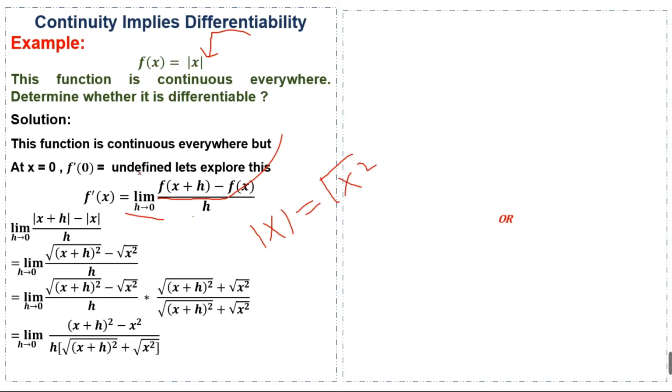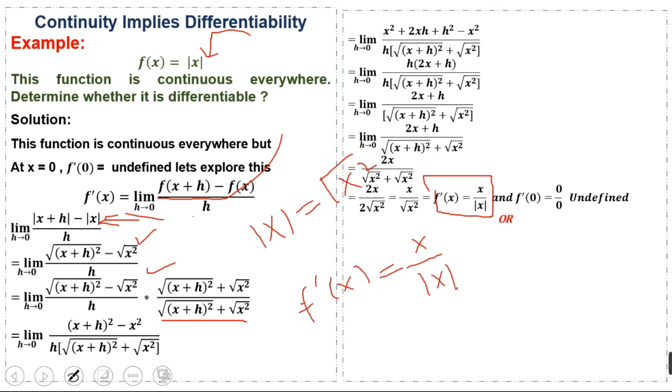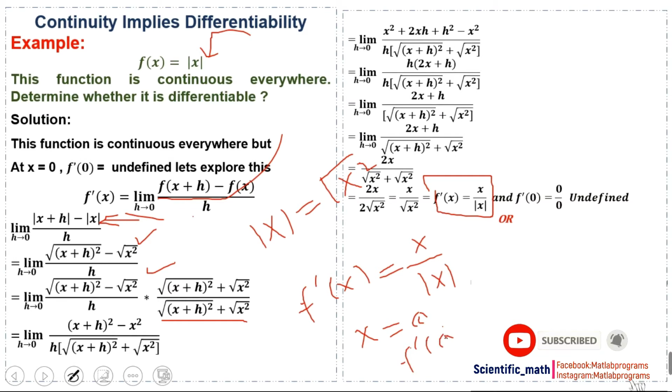We apply this on the expression and simplify by multiplying and dividing, and after simplification the derivative of the function is x divided by mod of x. If we put x equal to 0, the derivative will be undefined, 0 by 0. This is the undefined form.